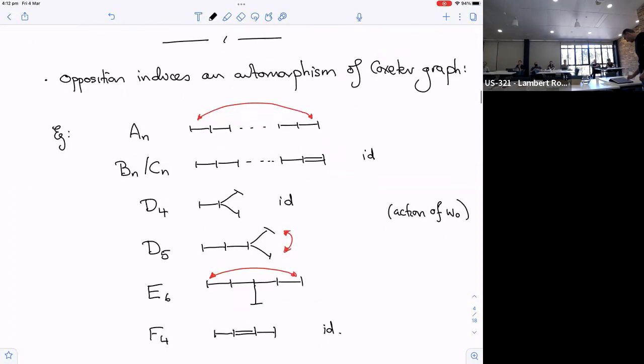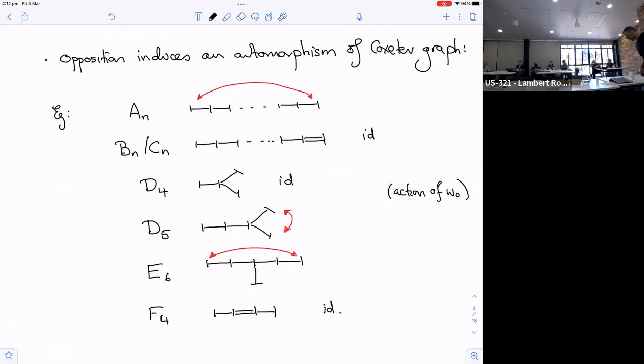Okay, so still without getting to what our problem is, as I hinted at, opposition is the main theme of the whole research project, so I have to say a bit about it. In a Coxeter group, in fact just the longest element of the Coxeter group, induces an automorphism of the Coxeter graph.